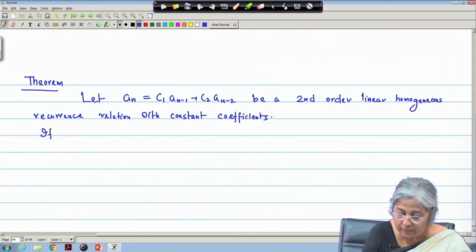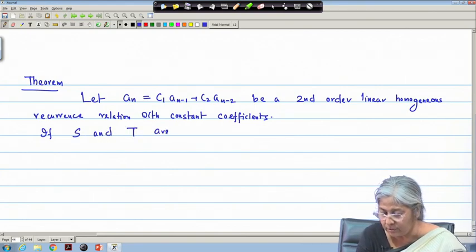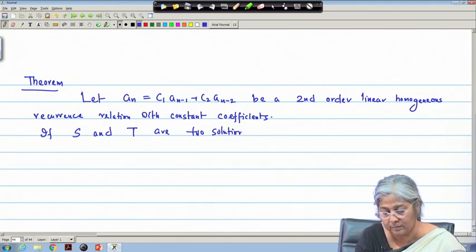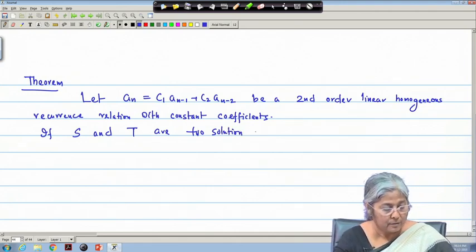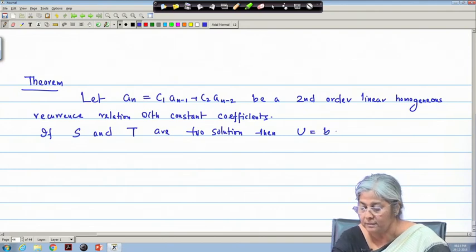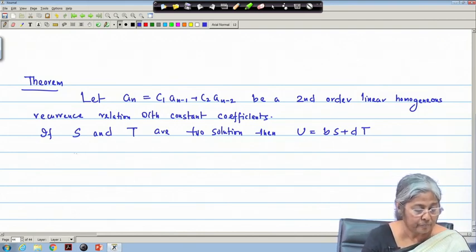Now, if S and T are two solutions, then u equal to Bs plus dt, where B and D are constant coefficients.